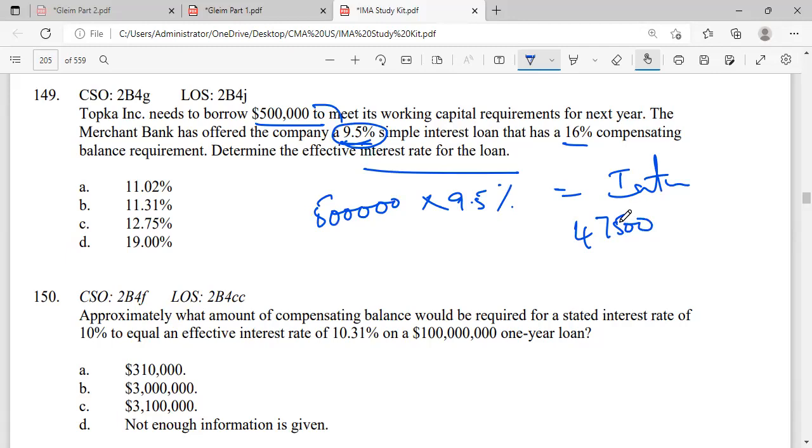And what's your compensating balance? Come on, guys, you need to tell me soon. Just take the percentage out of it.